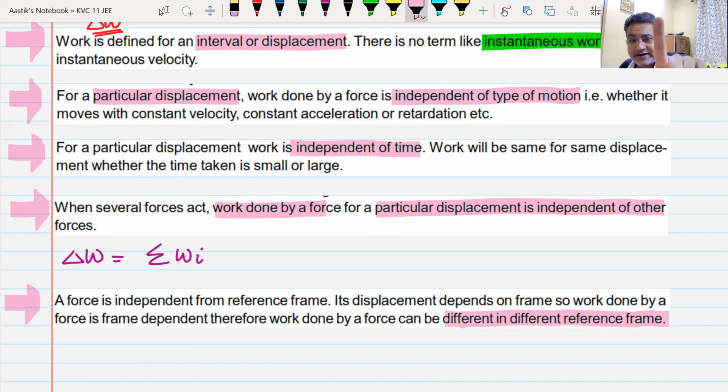So force is independent of reference frame, and then there is displacement. Displacement depends on the reference frame, and therefore force dot displacement, which is work, will depend on the reference frame. So work done depends on the reference frame. Do we understand this? Yes or no?